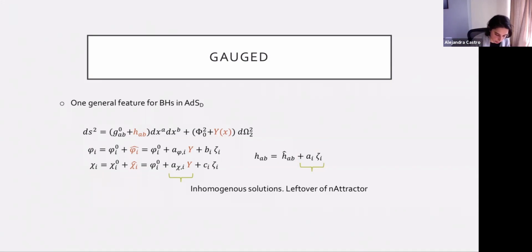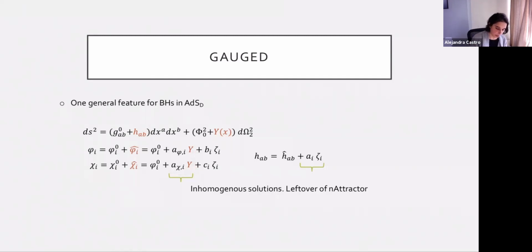Now, one comment: because these black holes do have a version of the attractor mechanism at the horizon, this linear dependence on Y is a little bit of a leftover from this attractor, okay? Because this is telling you, and you can see it in the solutions in gauged supergravity, that if you look at how the fields on a solution react as they move away from extremality, they will look naively as if they're operators of conformal dimension 2, but there's a non-trivial mixing.